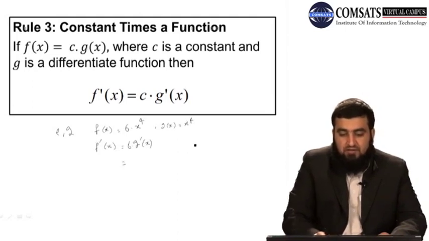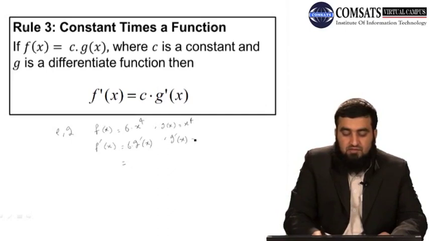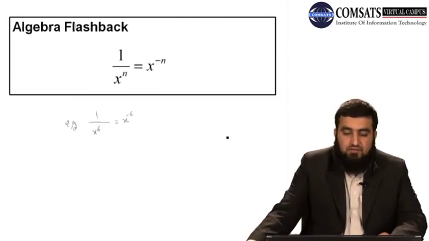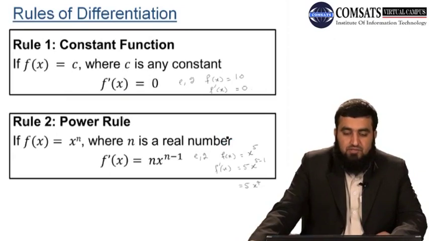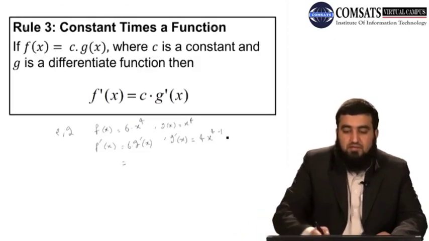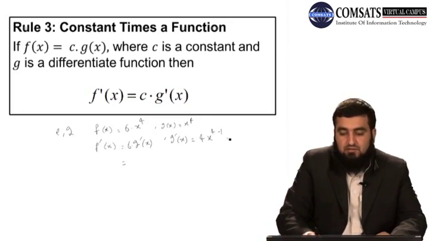And g prime of x, using the power rule, is 4 times x to the power 4 minus 1, which is 4 times x cube.